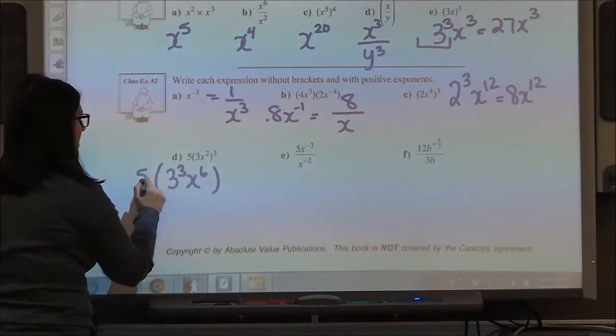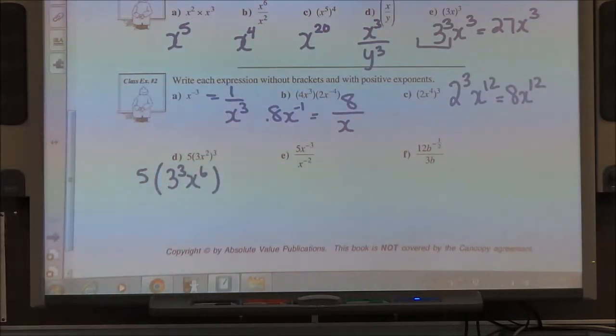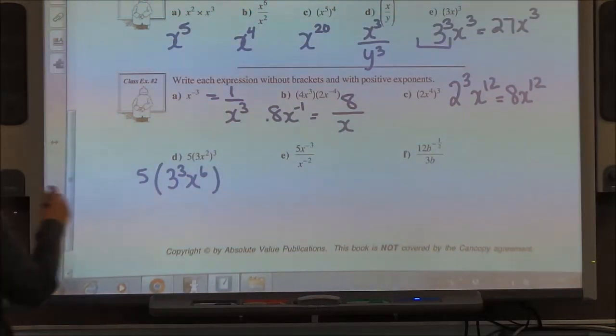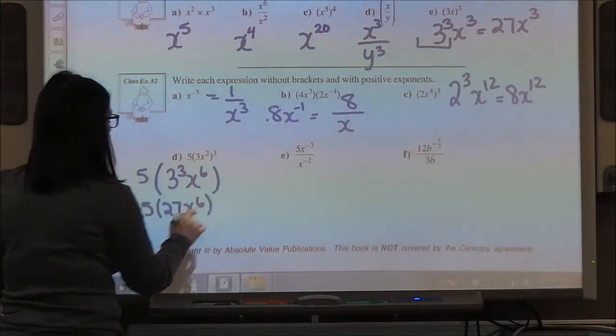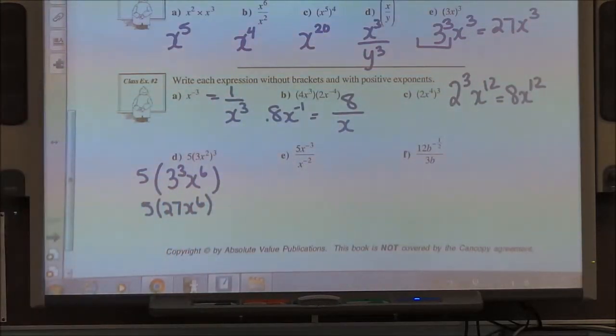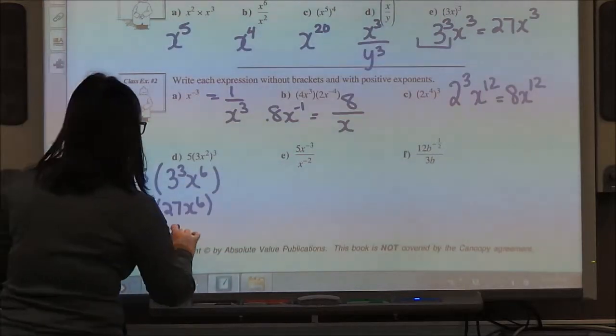And the 5 stays on the outside. So what's 3 to the power of 3? 27. So I have 5 times 27x to the power of 6. But I'm not supposed to have brackets, so what do I do with the 5? Multiply it in. Okay, and what do I get when I multiply it in? 135.